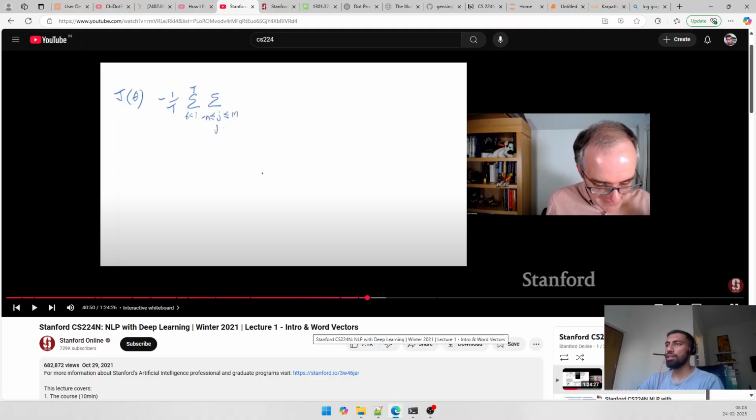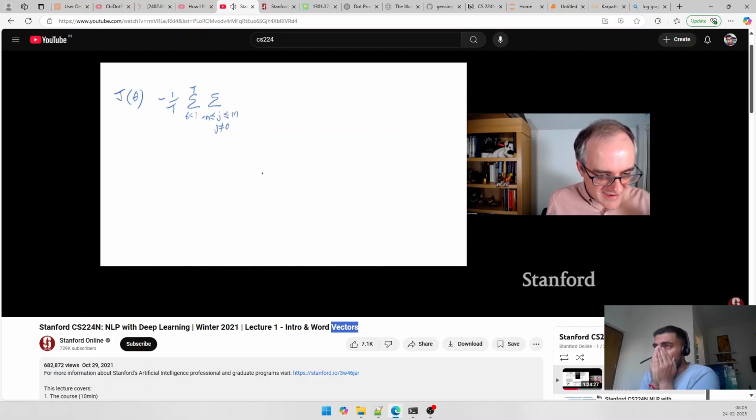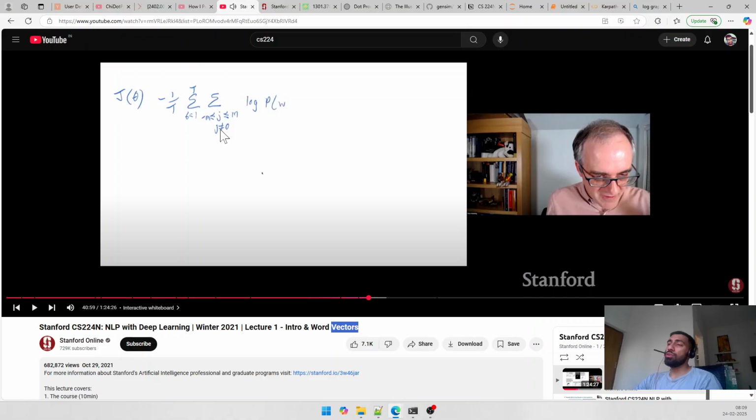We will calculate the probability of seeing intro given and is there, the probability of seeing vectors given and is there, like that we'll calculate 4 probabilities, except itself. Then we were working out the log probability. j not equal to 0 means we'll not calculate the probability of seeing and given and is there, because obviously that will be 1. That doesn't make any sense as well.